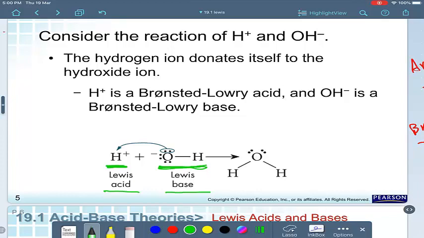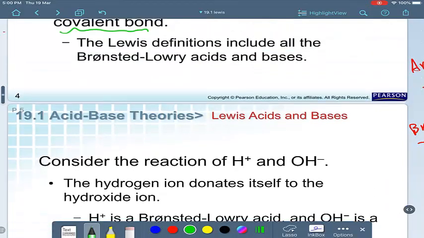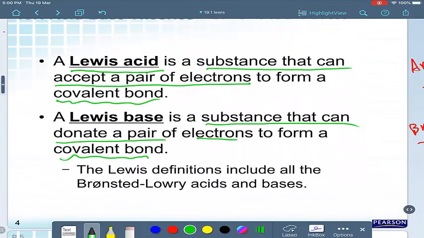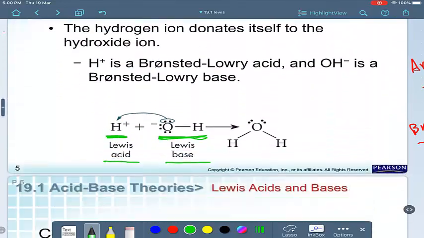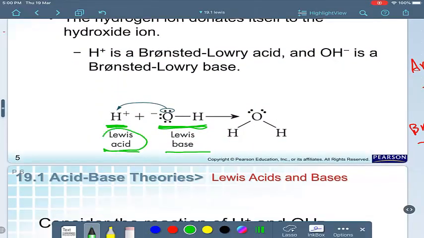According to what we studied in Lewis, we said that the acid is the substance that can accept a pair of electrons. So hydrogen is the acid. Why? Look, hydrogen is a positive ion, but OH has 3 lone pairs, or we can say unshared pairs of electrons. 3, not only 1.